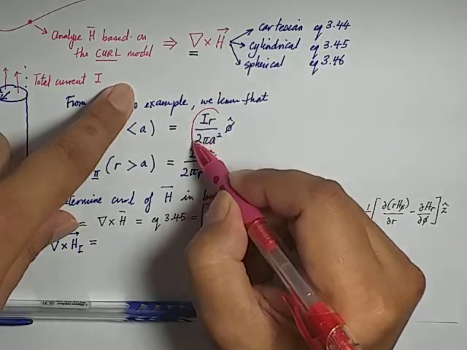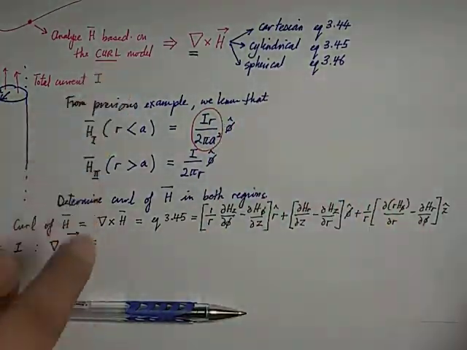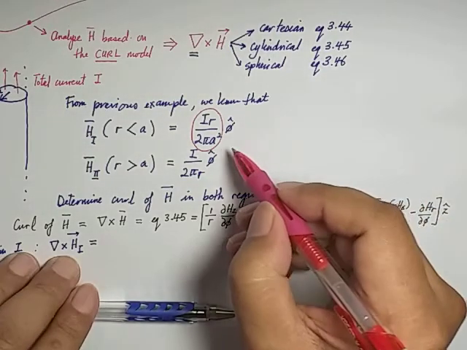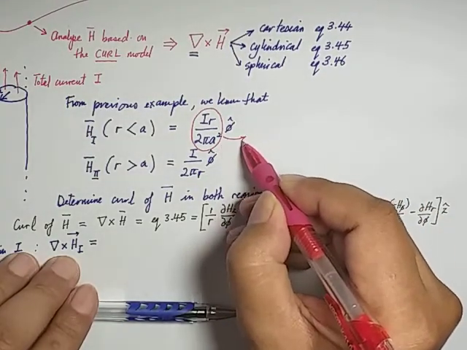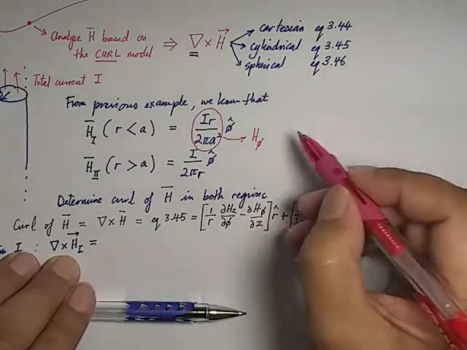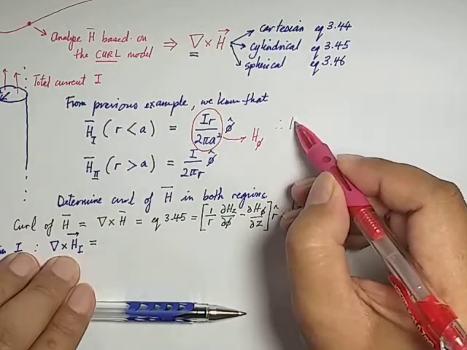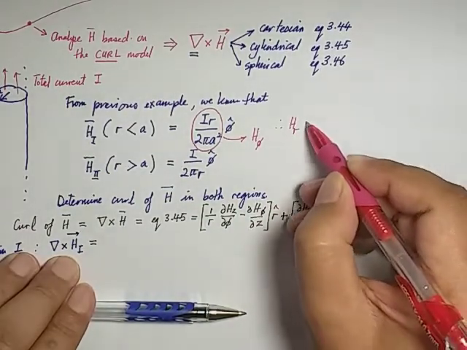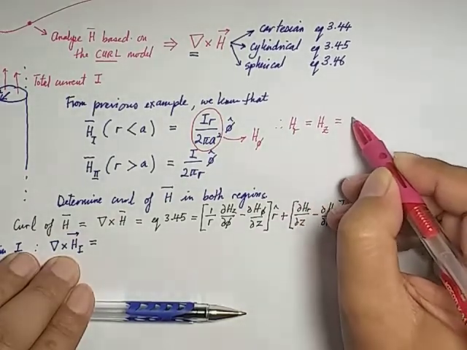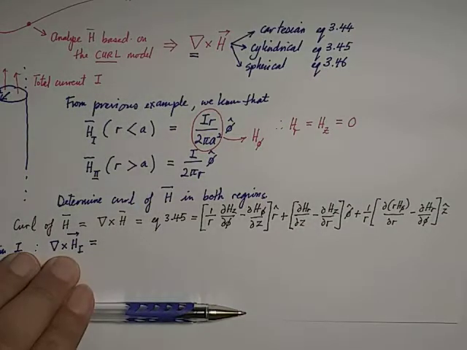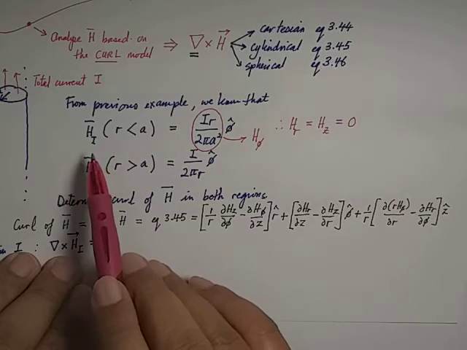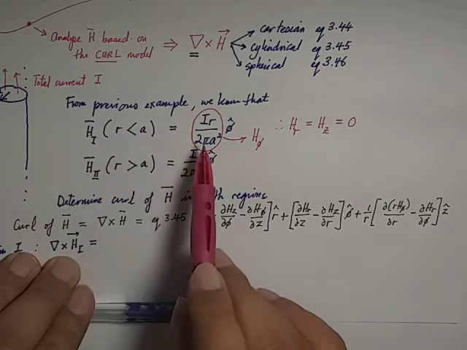What components of magnitude are given in this particular H1? So given here only consists of the H phi component, correct? So therefore we state that H component of r is equal to H component of z is equal to what? Yes, good, 0, because that term is not available in our original H1. In H1 only the magnitude of the phi component is present.